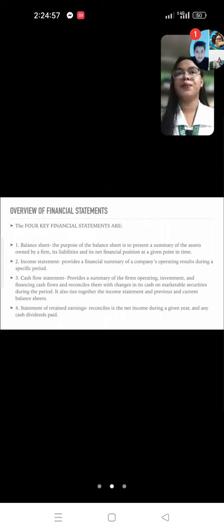So this is the basic structure of each of these statements and their relationship. The first one is the balance sheet, wherein you can see the assets, liabilities, and capital. And then the other one is the income statement, wherein you will see here the revenues and expenses. So pag mas malaki ang revenue sa expense, we have income.